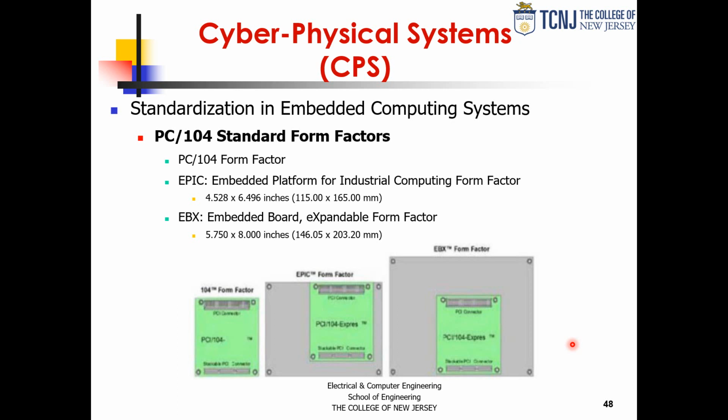You have EPIC, you have EBX, but you can see PC/104 is really compact with the levels of integration of components these days. On a 4 by 4 board, if you do a good design and good architecture, you can put a lot of functionality. So it gives you the ability to design very rugged, very reliable embedded system computers.